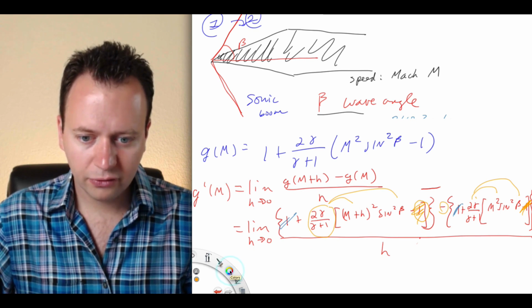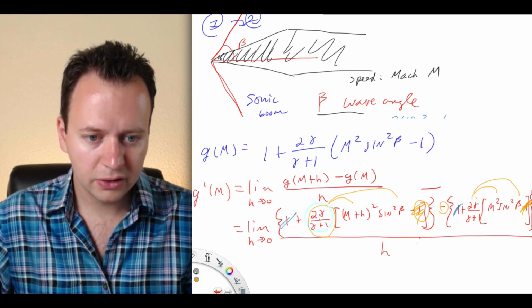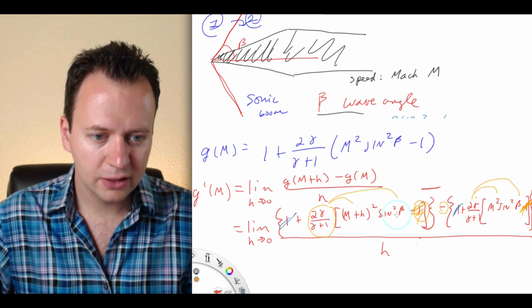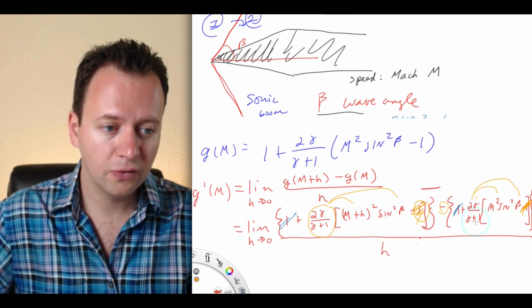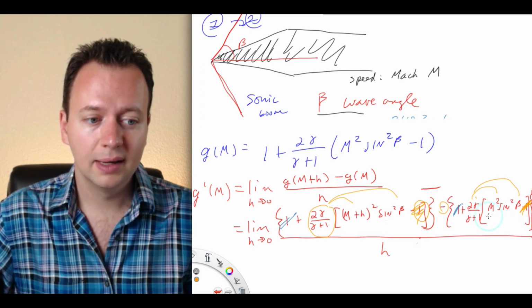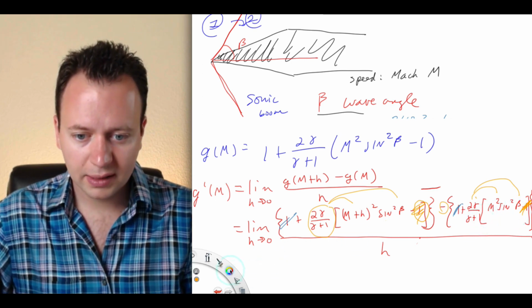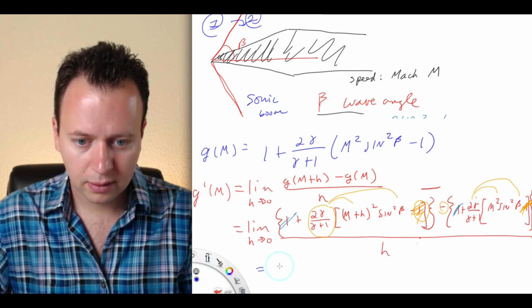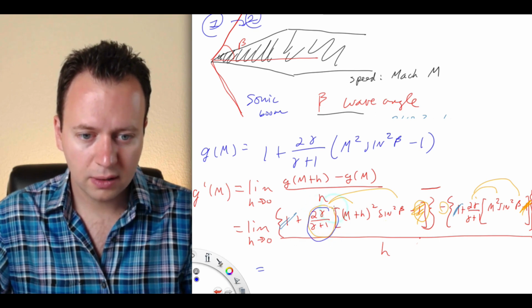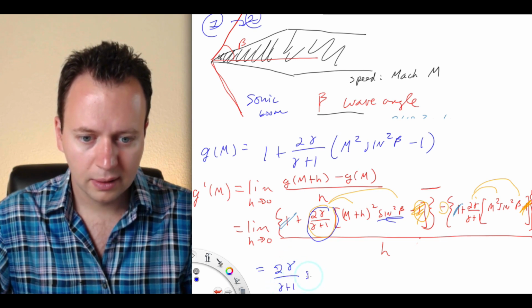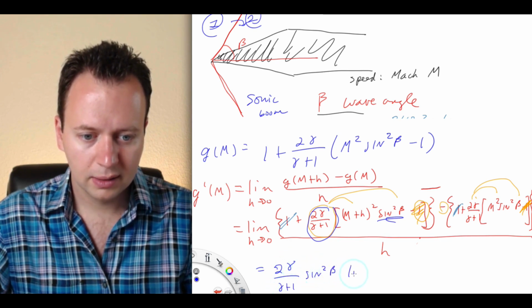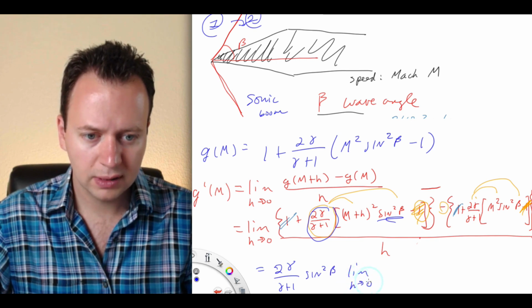So what we're left with is this coefficient times sine squared beta times m plus h squared, minus this coefficient times sine squared of beta times m squared. Since this coefficient and the sine squared of beta are on both terms, I'm going to pull them out: 2 gamma over gamma plus 1 sine squared beta times the limit as h goes to 0.